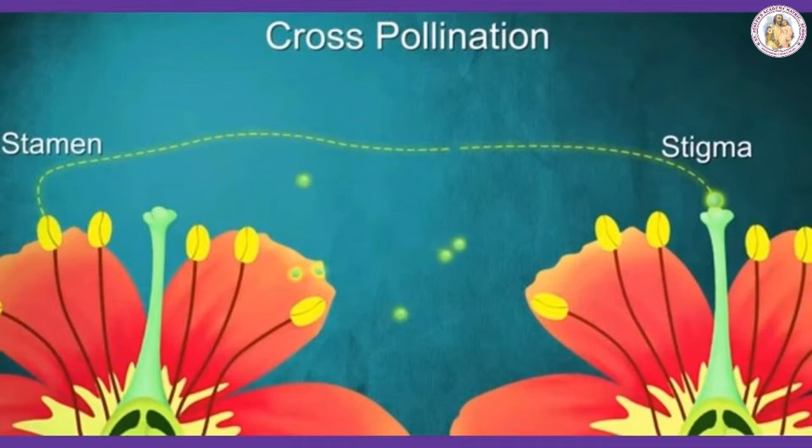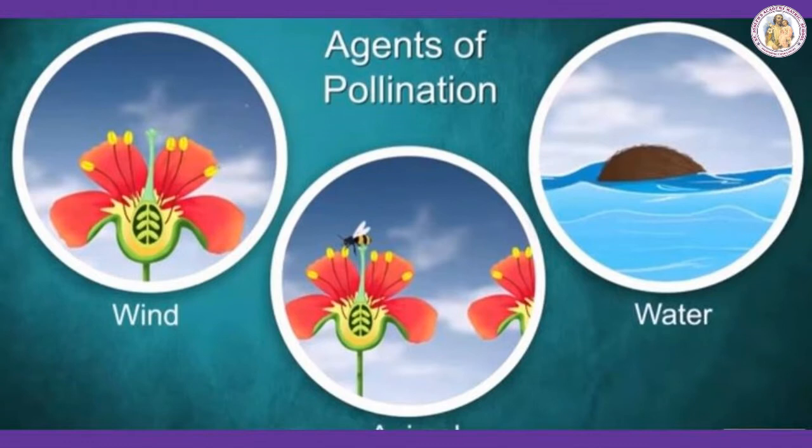Did you see flowers in the garden? Some insects and birds also act as pollinating agents. Now we are going to see what is meant by agents of pollination.